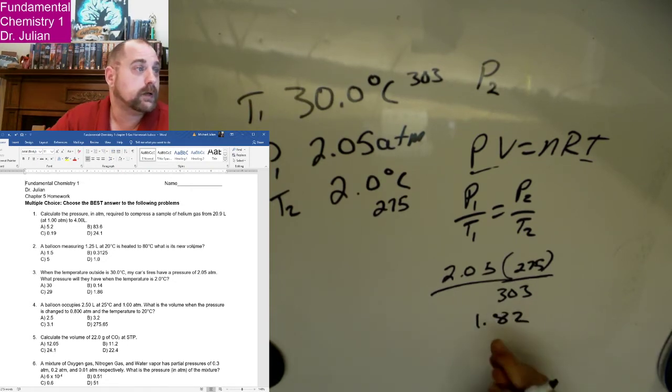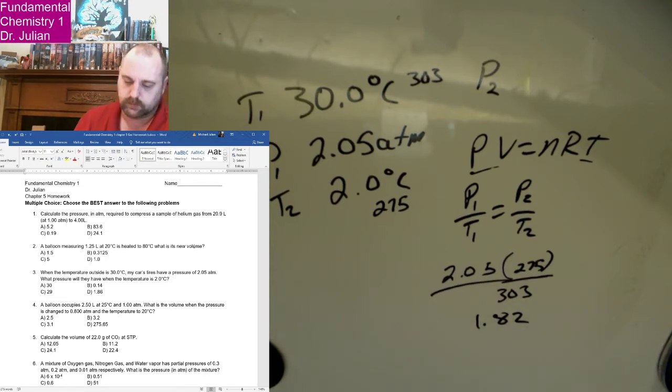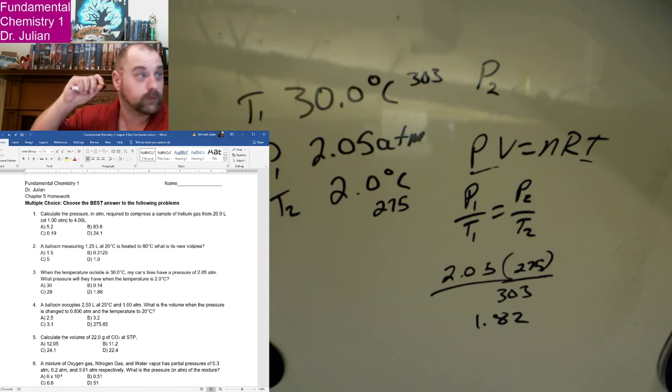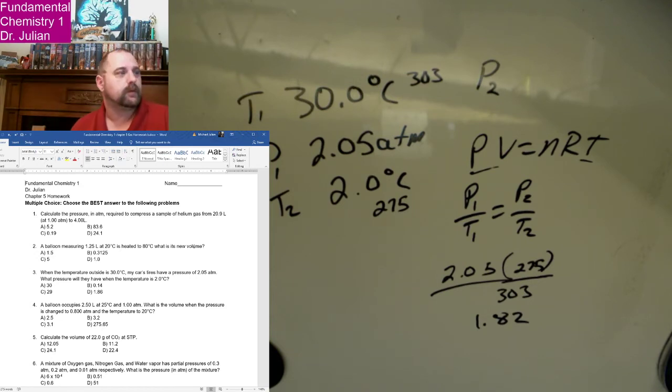That gives 1.82, 1.86. Let's double check my math here. 3 plus 273. 2.05 divided by 303.